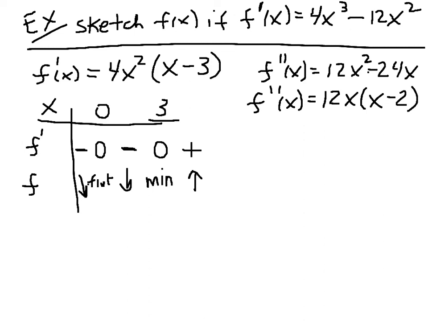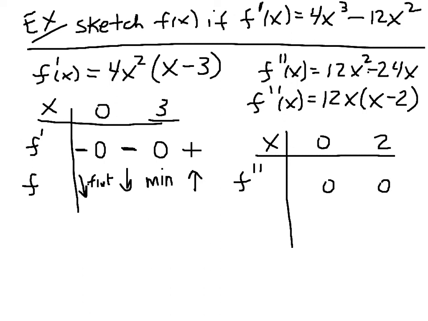And if we do a sign chart for the second derivative, our points of interest are 0 and 2. And the second derivative is 0 here and here. It's positive here. The second derivative is negative in between those two roots. And it's positive here. So what does that tell us about f?